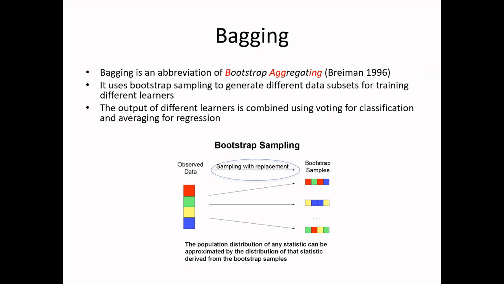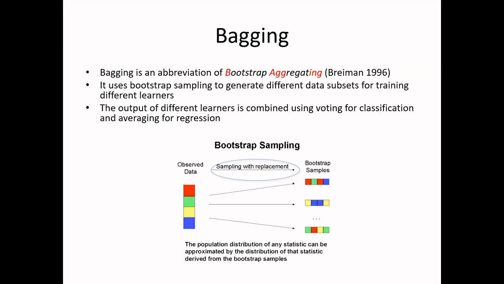After you have done that, you put those points back and then again do the sampling. That's why it's called sampling with replacement. If you are putting those points back, there is a chance that they will get picked again. So there might be data points in different subsets that are common.